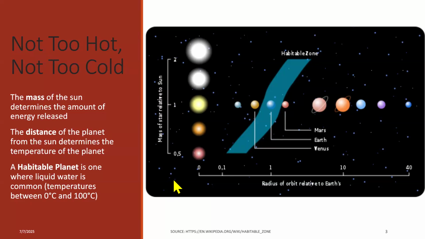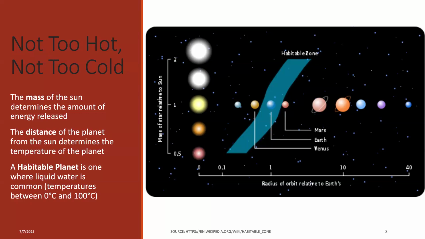So the mass of the sun is going to determine the amount of energy released, the heat and light that's going to get to the surface of the planet. And so if we have a bigger sun, then for it to be the right temperature, not too hot, not too cold, we'll have to have a planet that's further away. And if we have a smaller sun that's not releasing as much energy, then for the temperature to be just right, the planet would need to be closer.